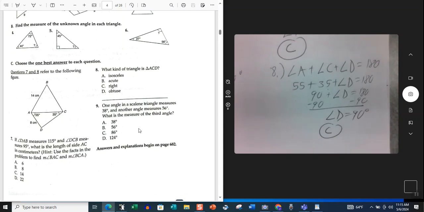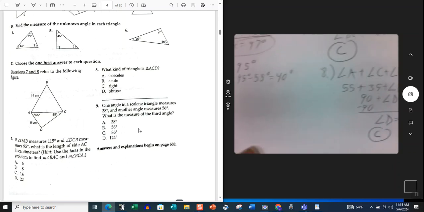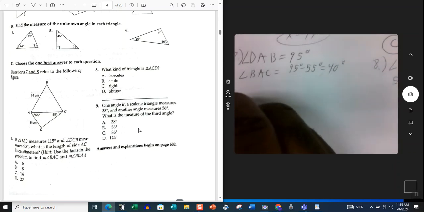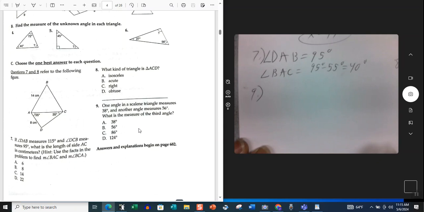Now we go here to number 9. It says one angle in a scalene triangle measures 38, and another angle measures 56. What is the measure of the third angle? So remember, our triangles have to equal 180 degrees.